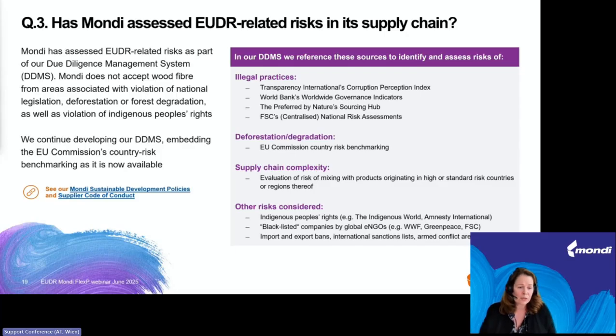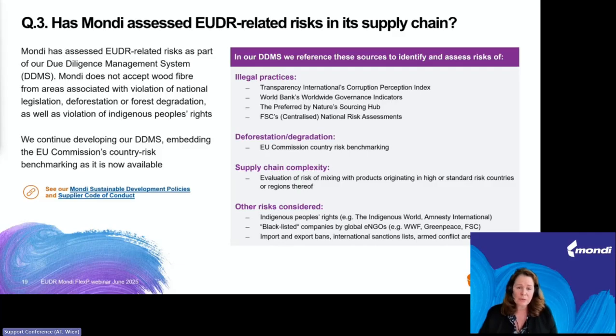We, of course, now are looking at the EU Commission's country risk benchmarking and embedding this into our DDMS systems as well. And sometimes we also get asked by customers, well, how are we doing that? How are we addressing these risks and what kinds of risks are we addressing? So you see on the right-hand side, we've highlighted in purple 4 different types of risk that we identify and assess when we are doing our due diligence.